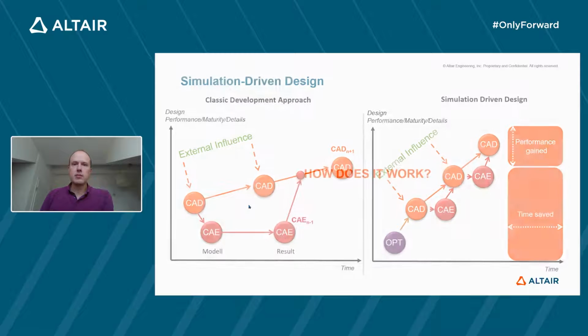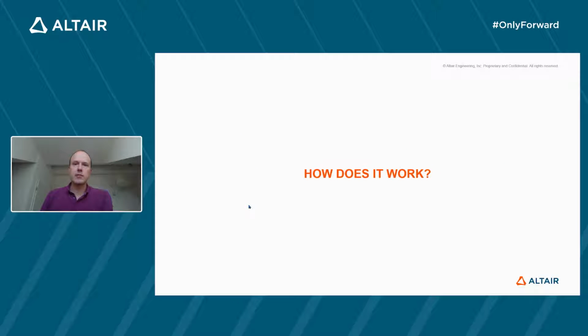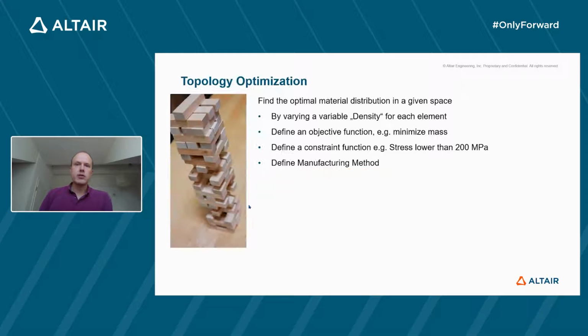Now, this is done, for example, with a method called topology optimization. Topology optimization is a means of finding the optimum material distribution and the optimum material layout in a given design space. Imagine it like this wooden Jenga tower on the left. What you do in a topology optimization is you define the maximum possible material that you have available.